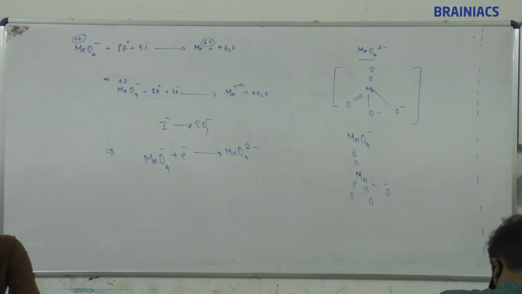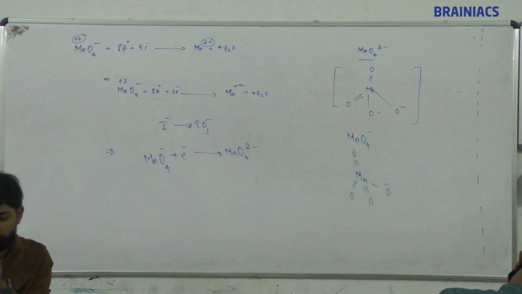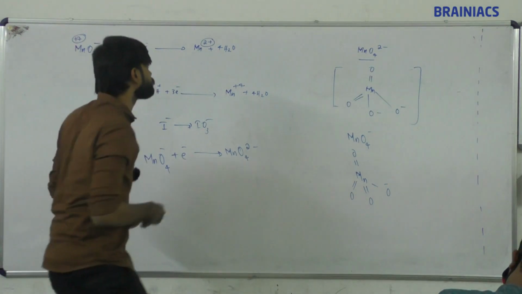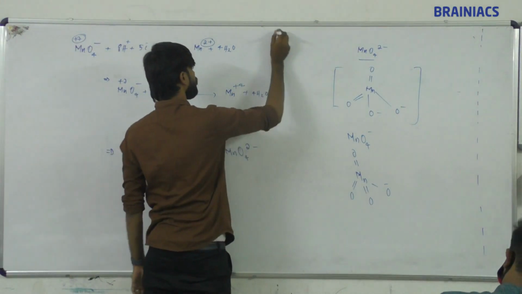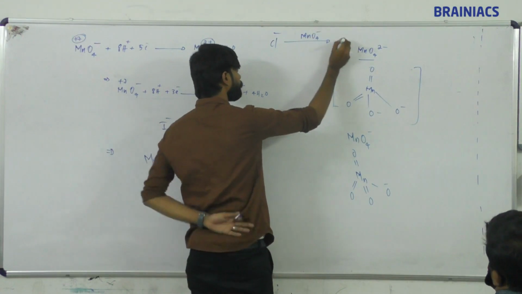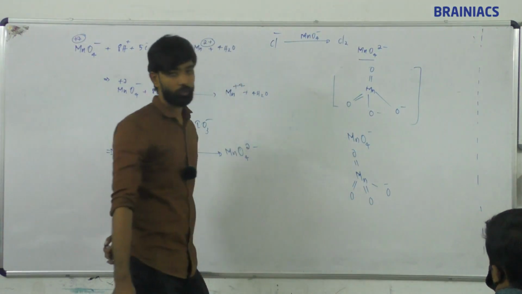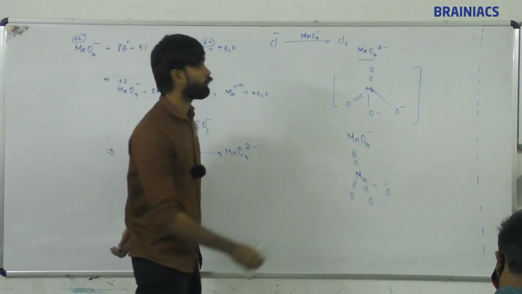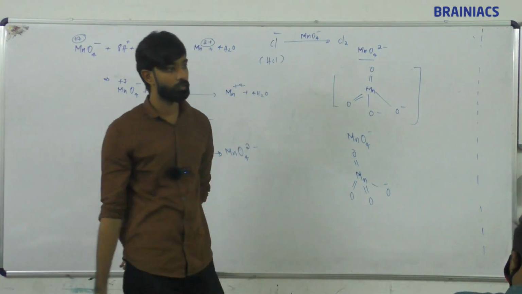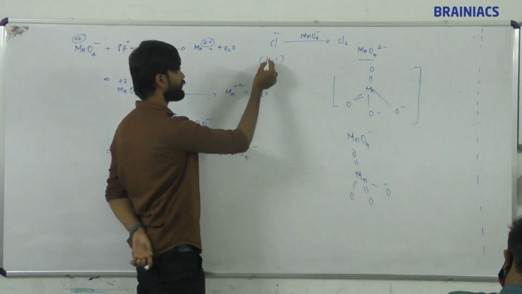Reason? You know that chloride ion may be oxidized to Cl2. So if you are using hydrochloric acid, there is a chance for this oxidation.